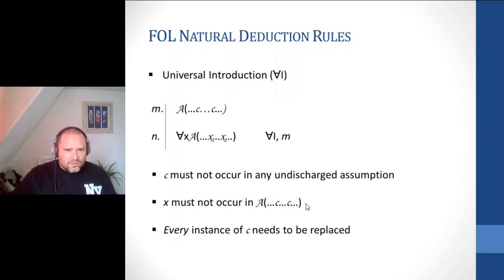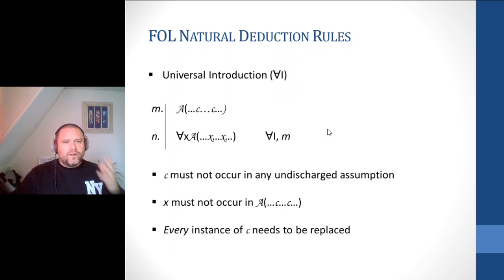Our second restriction basically just prevents us from having a clash of variables. And our first restriction makes sure that the name C that we're playing with here is arbitrary. It's not naming some particular individual or entity in our domain.